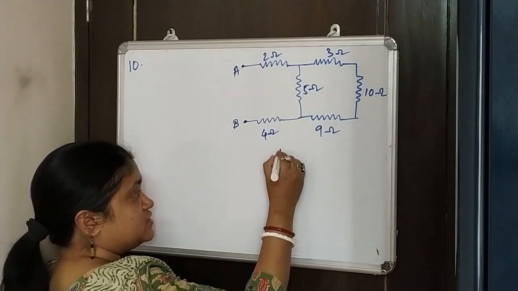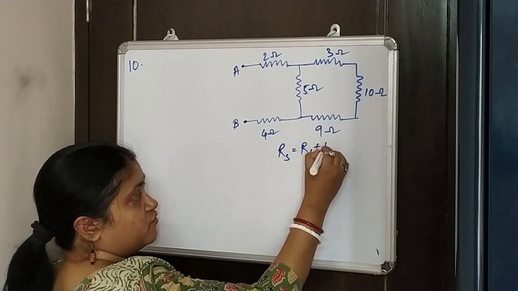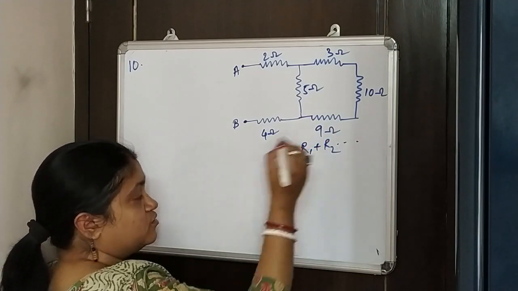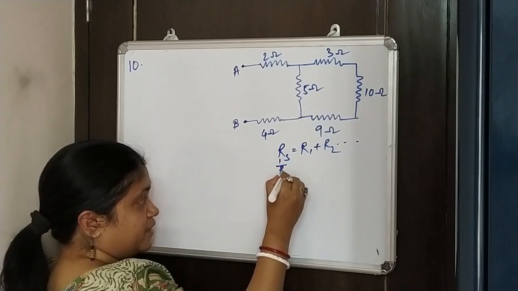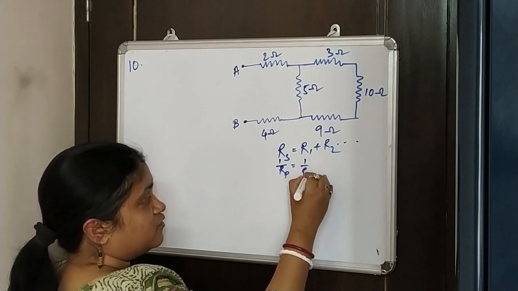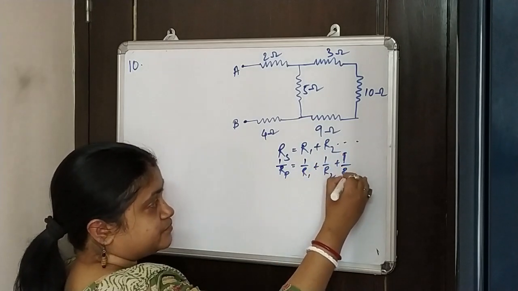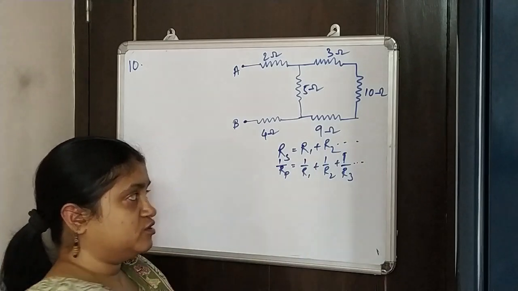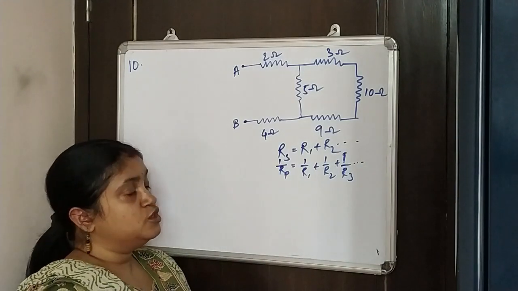So as we know, for series combination, it is just simply addition of two resistance or more, and for parallel combination we know 1 by equivalent Rp is 1 by R1 plus 1 by R2 plus 1 by R3 and so on. So these are the two formulas that we are going to use again.